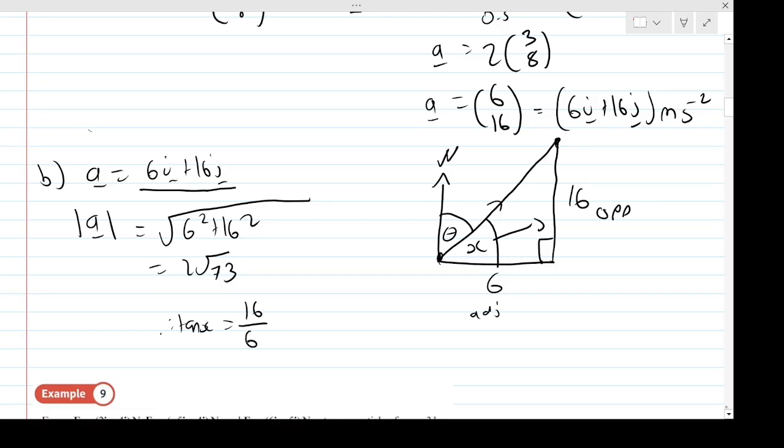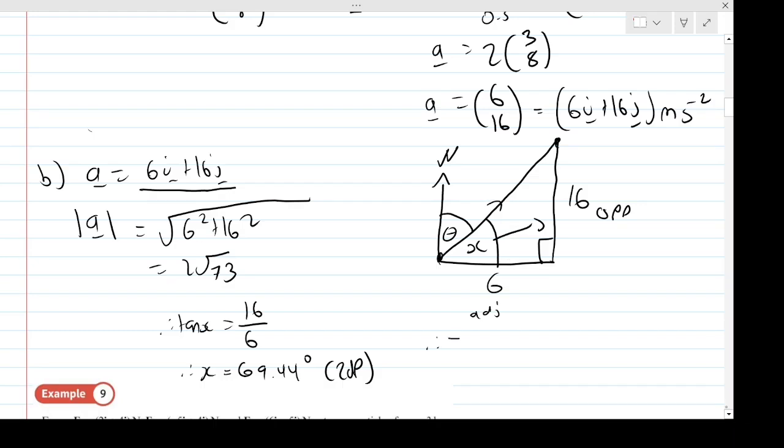So if we do inverse tan of that, we get 69.44 degrees to 2 decimal places. Now that's x. We want theta because that's the bearing, the angle from the north line. Well, overall, if we add these two, we spot we get a right angle, so 90.